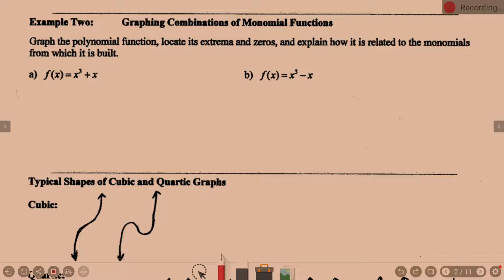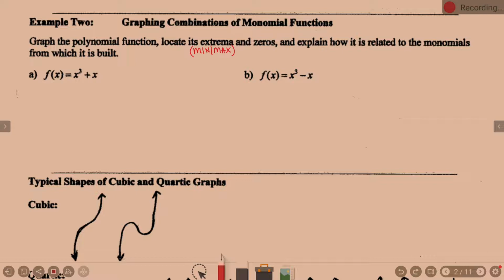Okay, let me take a vocabulary moment. It wants me to locate its extremas. Okay, so remember, in pre-cal, when you're asked about the extremas of something, you are being asked to find the mins and maxes. And we have a handy dandy calculator that can help us out there, right? Which we'll need to. And then it also asks us to find the zeros. What's that vocabulary word mean?